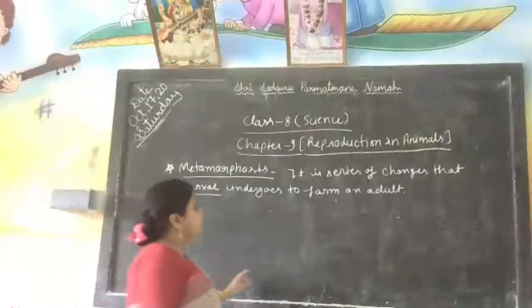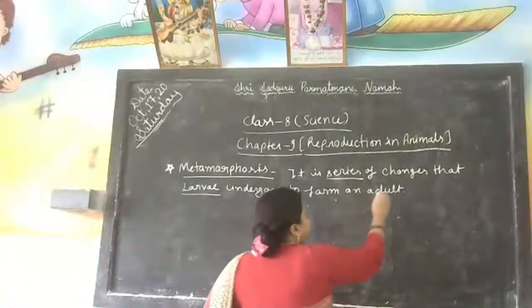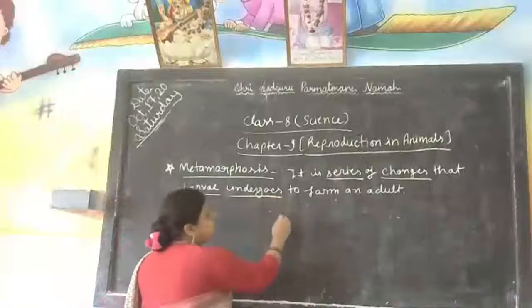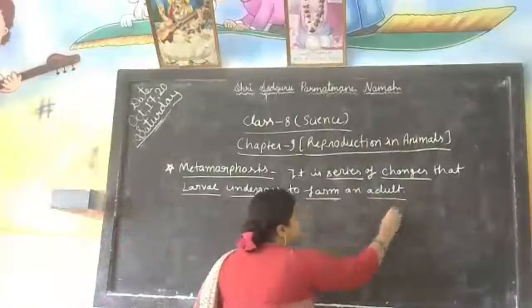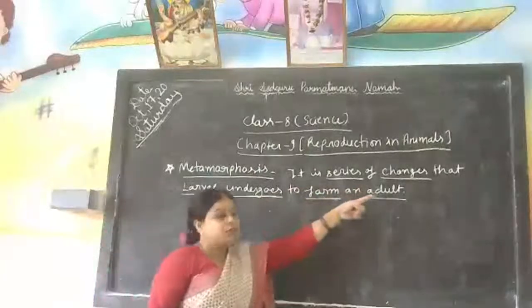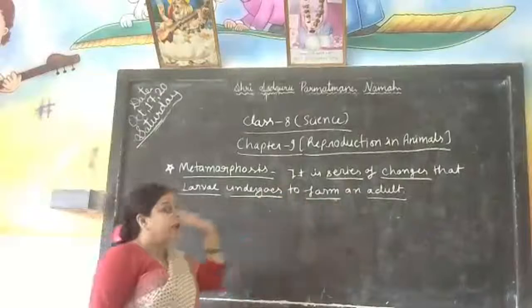It is a series of changes that the larva undergoes to form an adult.